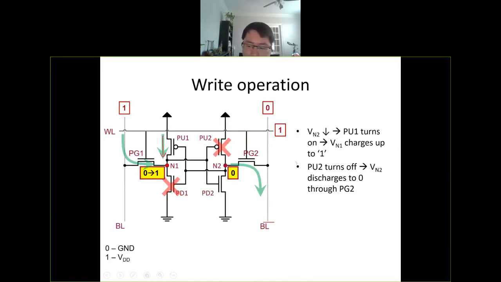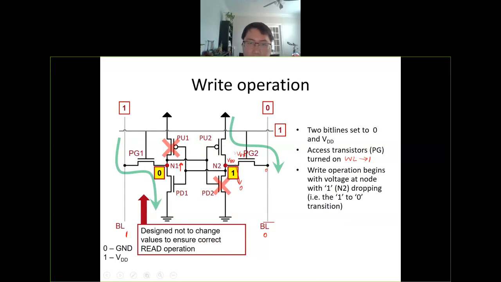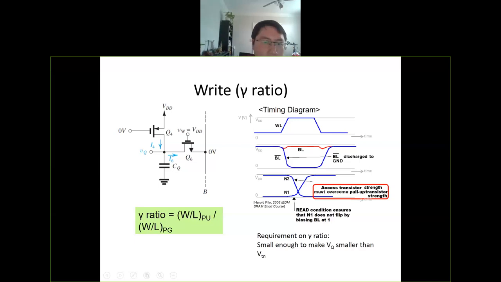So what matters is the right-hand side here. You want this N2 to be close to 0 because you want to flip it. You want to change it from 1 to 0. So you need to satisfy some condition as well. So here for this PU2 and PG2, you need to satisfy some condition because this N2 node initially is 1 and now you want to make it 0. You have 1 to 0 transition. So if you use a resistor as the approximation, you will have a similar voltage divider here.